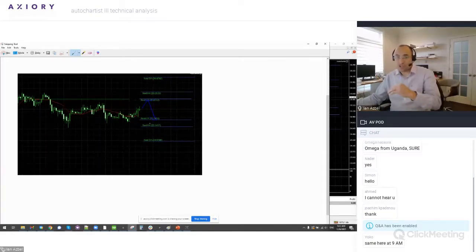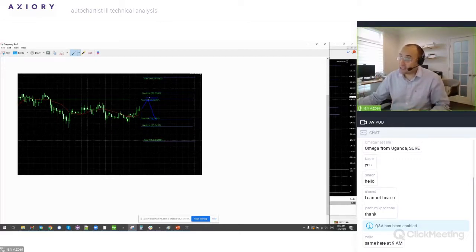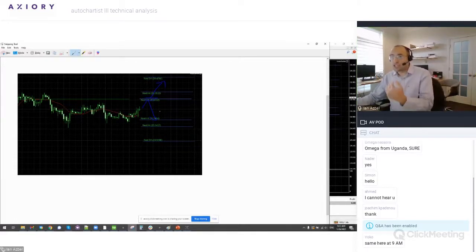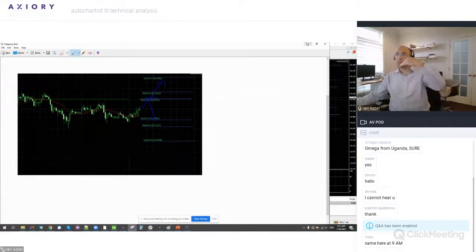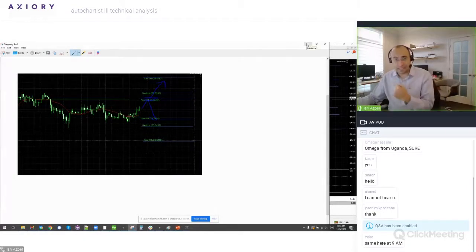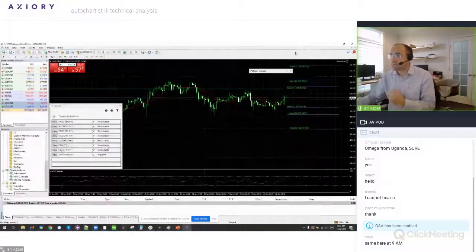And the last way to trade it, if you're a trend trader, is to wait for a breakout and set a buy stop to go long. So there's a few different ways you can actually trade this. And let's look at how we can combine some of the other technical analysis indicators to make a decision.